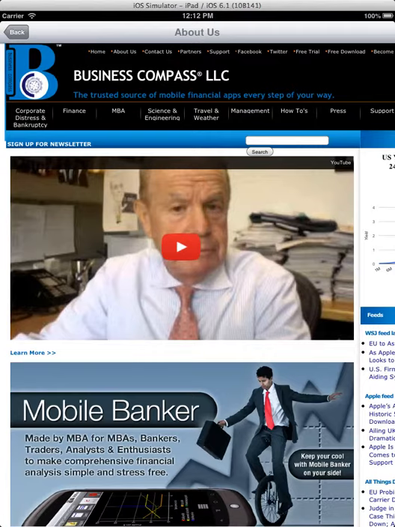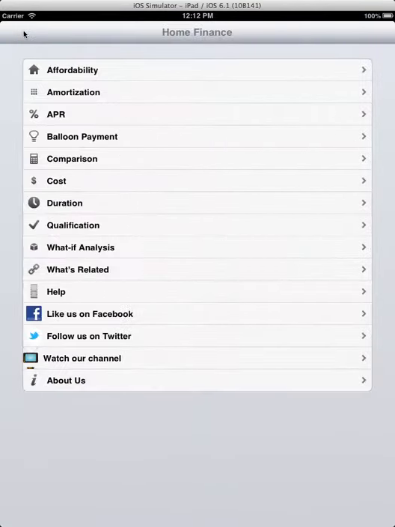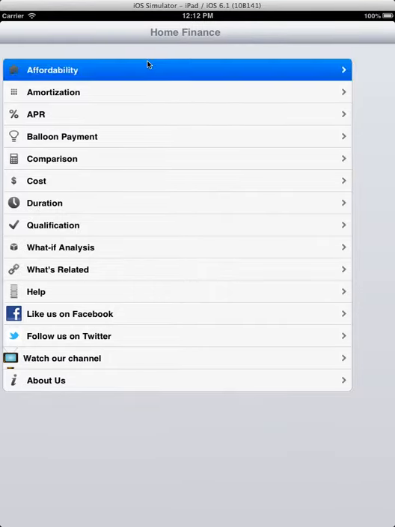This application is also available on Android and BlackBerry platforms, and it is a comprehensive application useful to home buyers, sellers, and real estate agents to perform a number of calculations as well as to analyze affordability, amortization, percentage APR, balloon payment, compare loans, calculate closing cost, calculate durations, and find out how much the home owner would qualify for, and perform what-if analysis. Say, affordability.